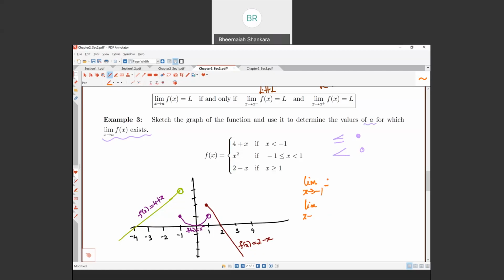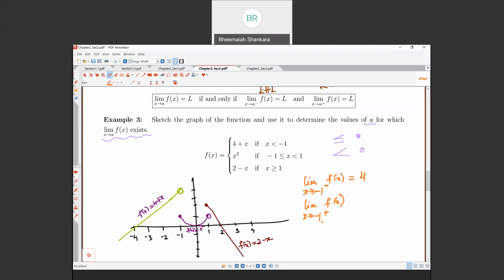I'm going to write f of x for both. Now read the graph carefully. When x is approaching -1 from the left, the value of the function approaches 4. So I'm going to write this as 4.